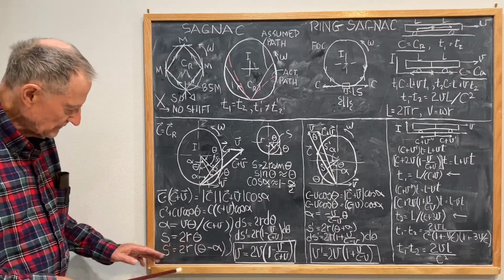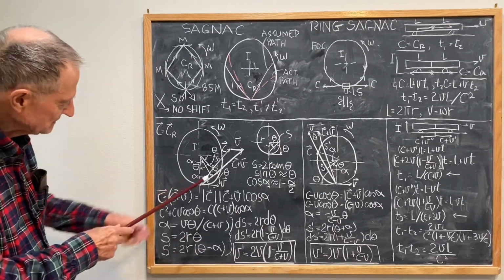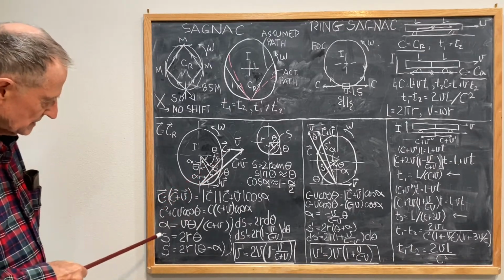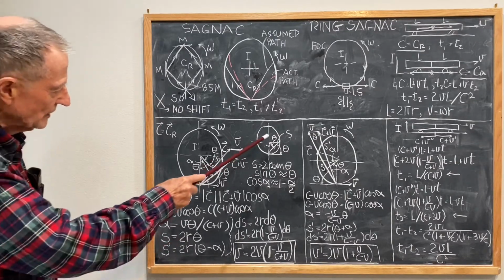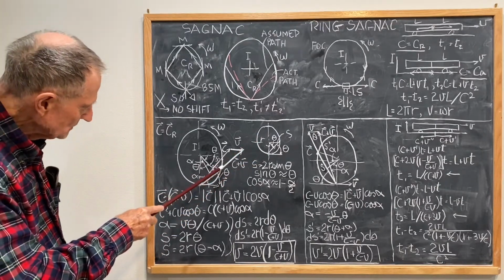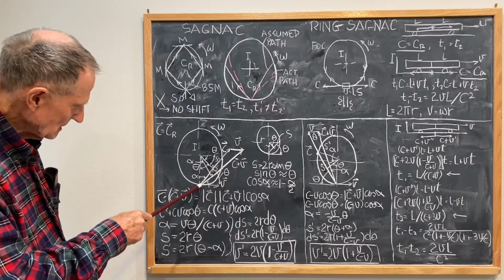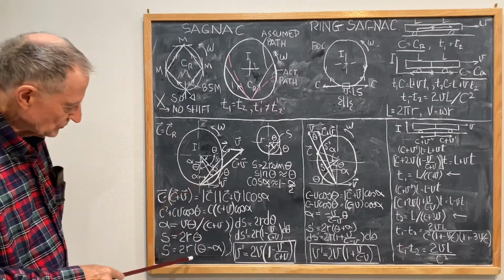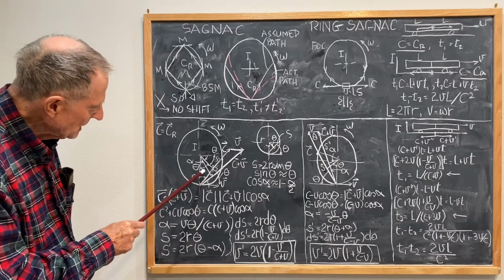Now we have finally that s, this increment is 2r times the angle theta, which is this, and s prime, which is this segment, is equal to 2r times theta minus alpha.